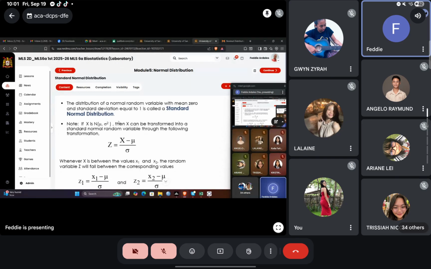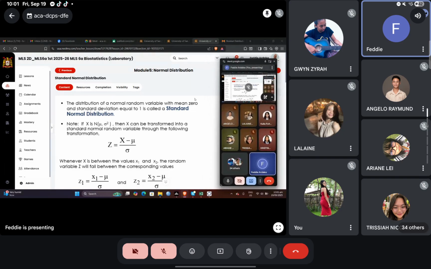Commonly, we call this, way back in junior high school and senior high school, the Z-score. This is the formula for the standard normal variable or random variable, with the transformation Z equals X minus the mean over the standard deviation.